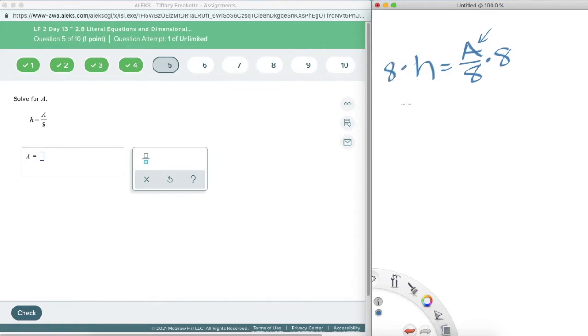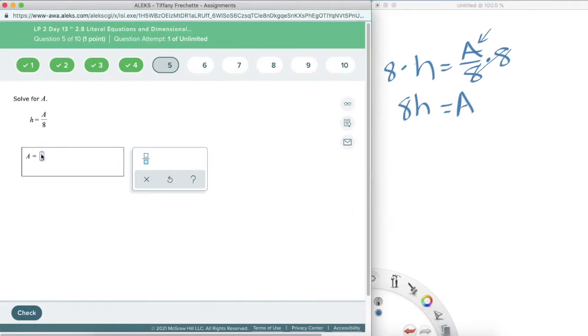And so I have 8 times h, which is just 8h. 8 divided by 8 cancels, and I have a. So I have solved for a. Again, I know a is on the right side instead of the left side, but that's a symmetric property. It makes no difference at all. You still have a equals 8h or 8h equals a. All I'm doing is flipping them around. It's like I'm mirroring them.